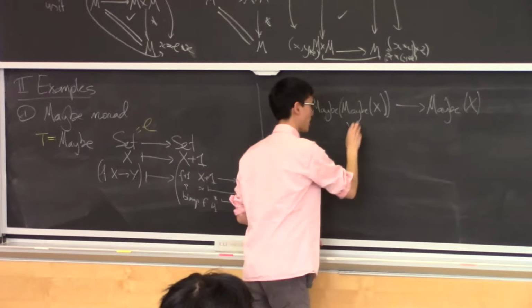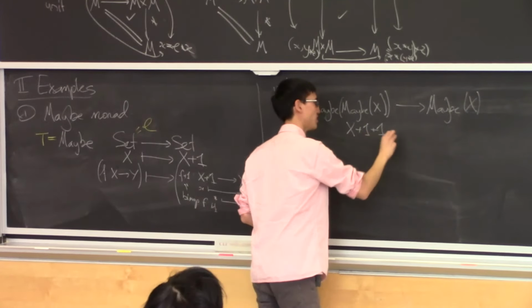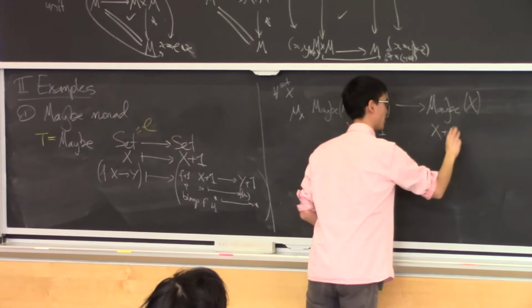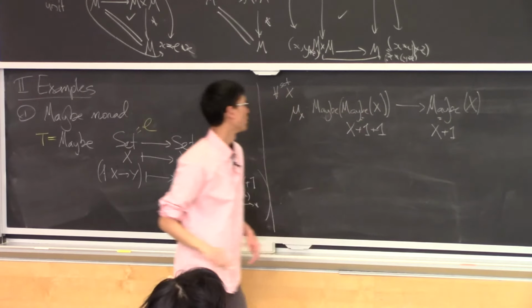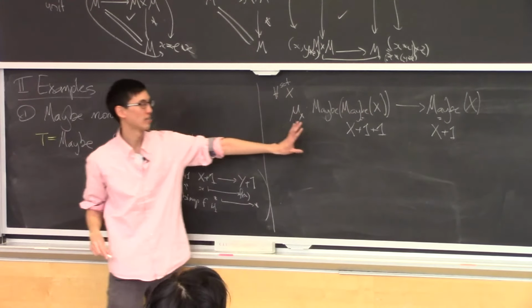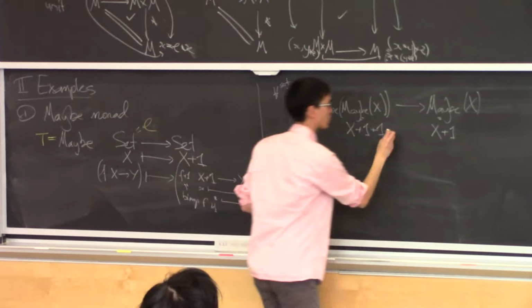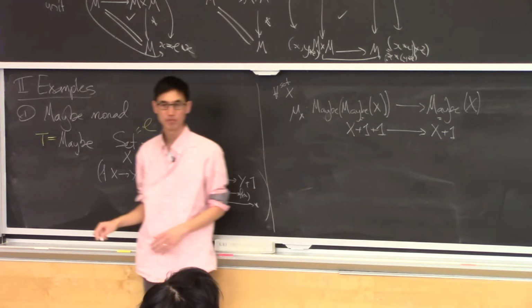Right? And so this is x plus 1, and this is x plus 1. So the natural transformation wants me to specify a function of this type for every x.